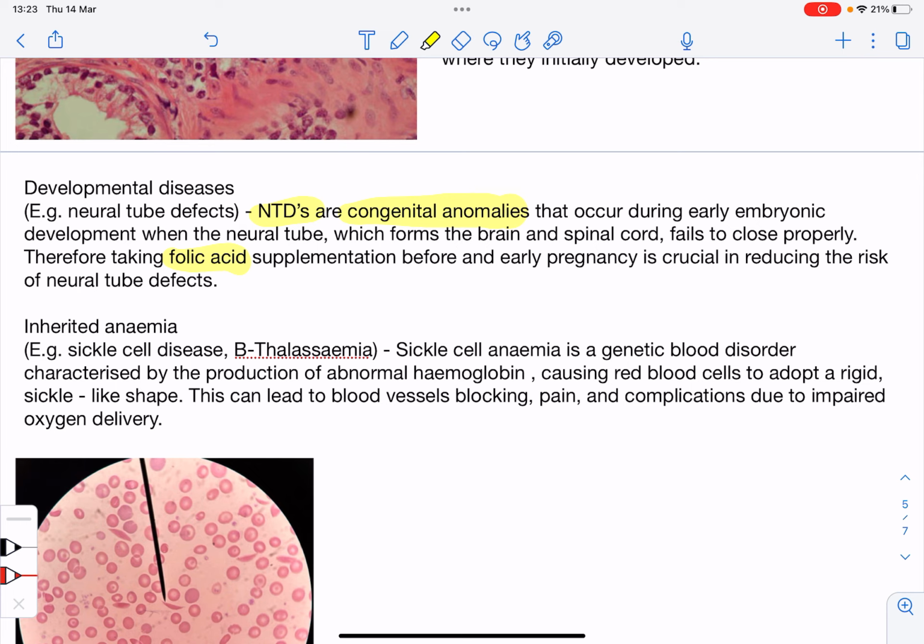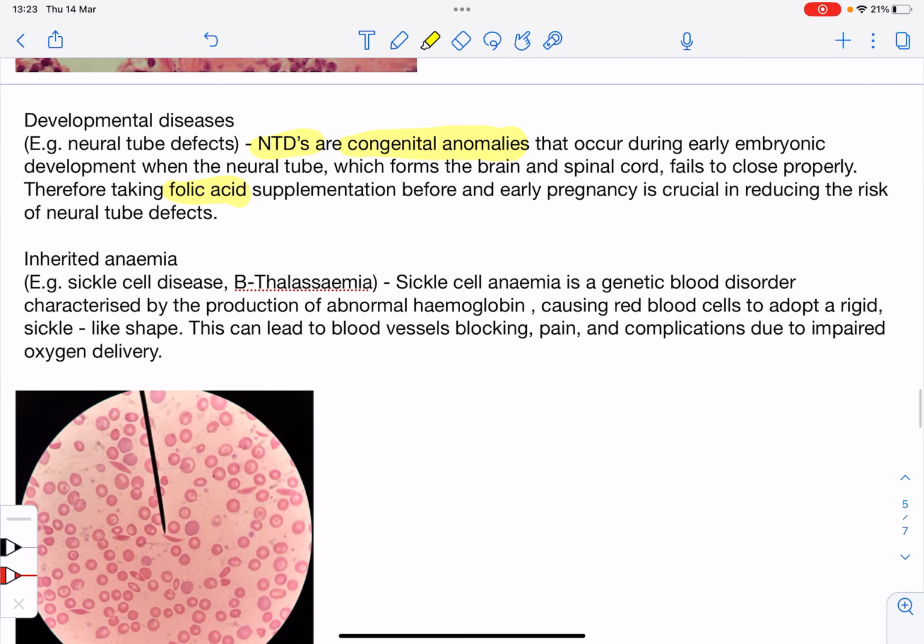Okay, another one, inherited anemia. Examples: sickle cell disease and beta thalassemia. Sickle cell anemia is a genetic blood disorder characterized by the production of abnormal hemoglobin, causing red blood cells to adopt a rigid sickle-like shape. This can lead to blood vessel blocking, pain, and complications due to impaired oxygen delivery.